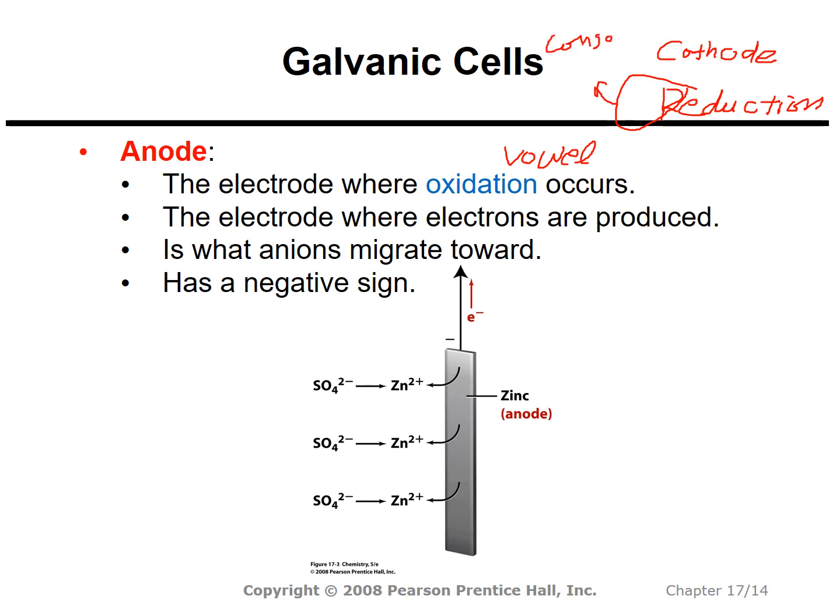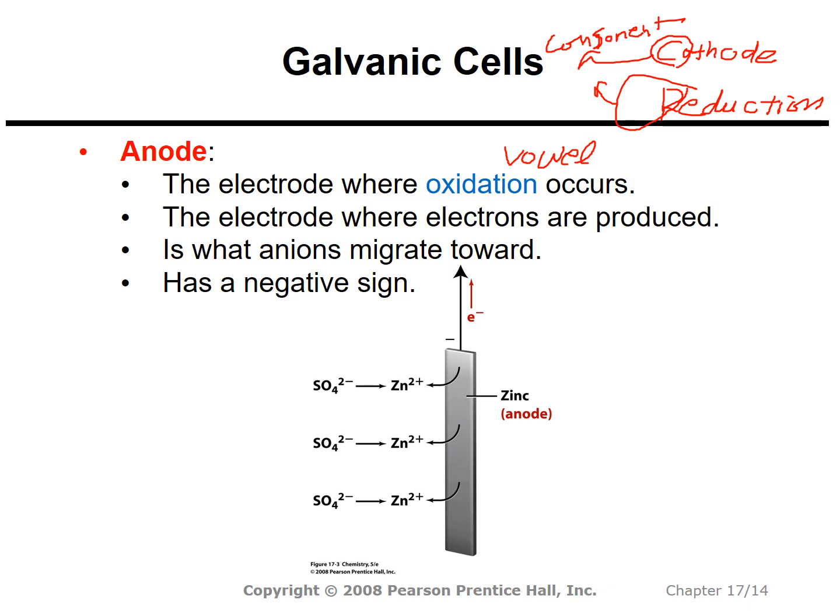In Korean, jaum. And cathode also starts with a consonant. This is C-O-N-S-O-N-A-N-T, consonant. So you can match consonant with consonant. So the cathode is for reduction. This is a kind of memorization tip.